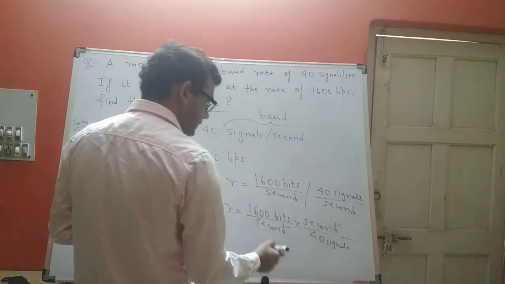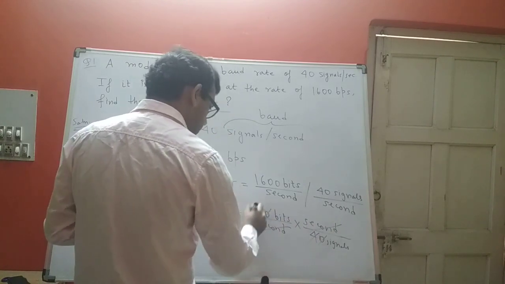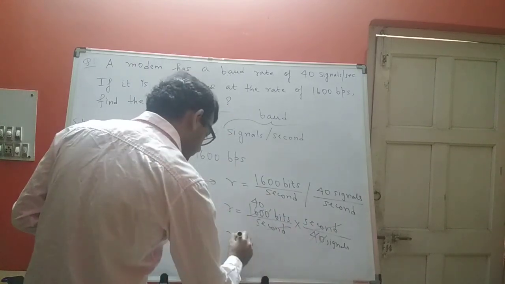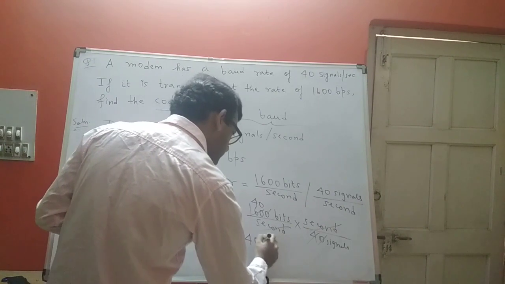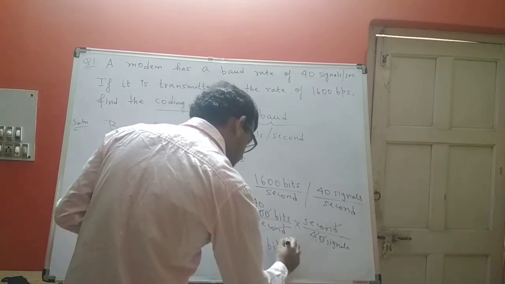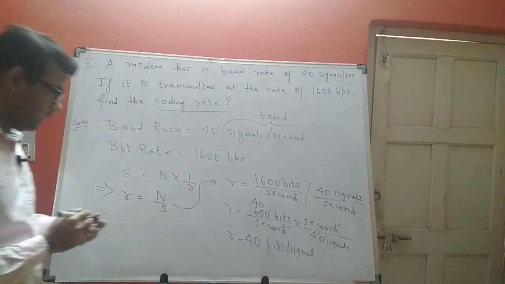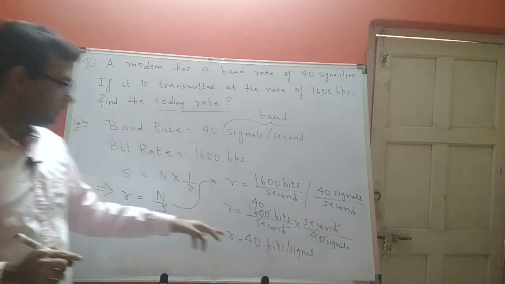Second and second cancel out, and you're left with a 0 and 0 cancelling out. 4 goes into 160 40 times, and you're left with a value of 40 bits per signal. So this is your coding rate. The coding rate is 40 bits per signal.